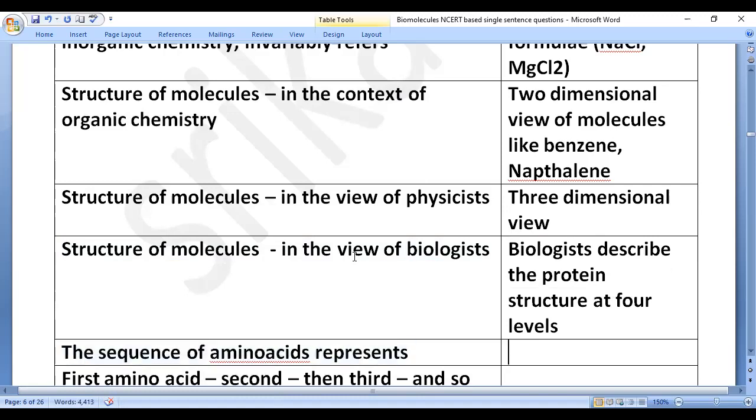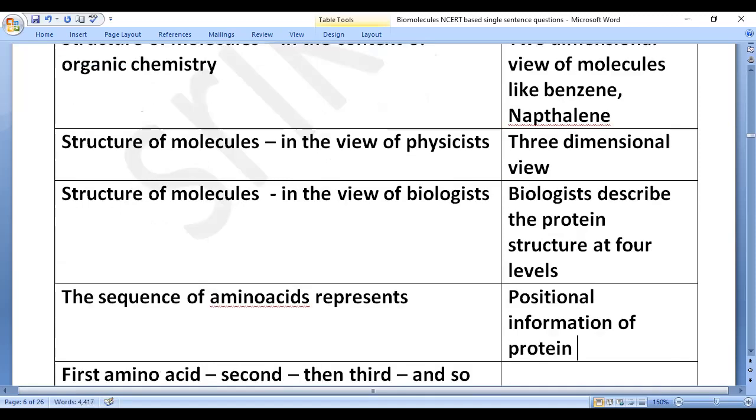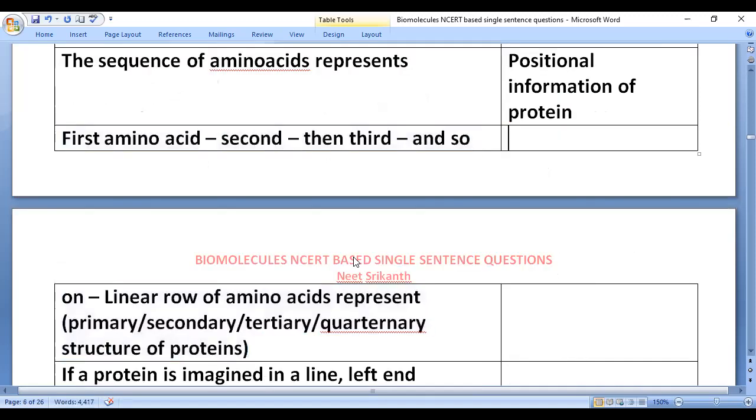The sequence of amino acids represents the positional information of a protein: first amino acid, second, then third, and so on. The linear row of amino acids represents the primary structure.